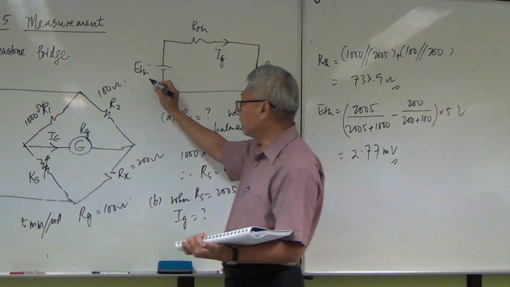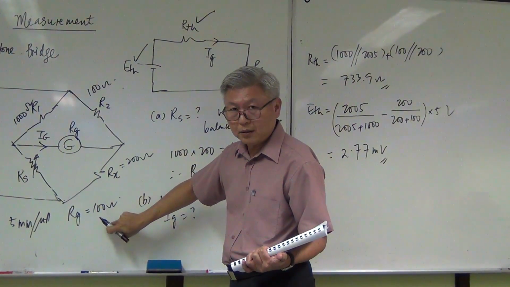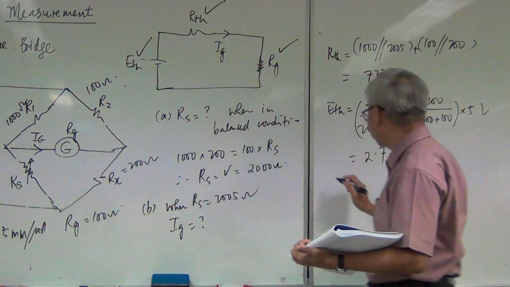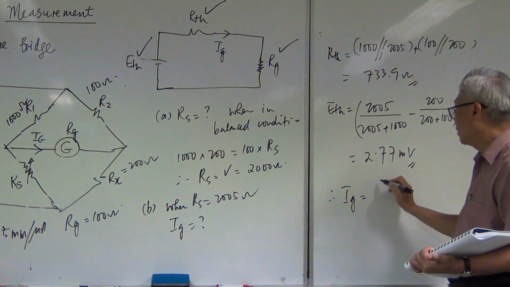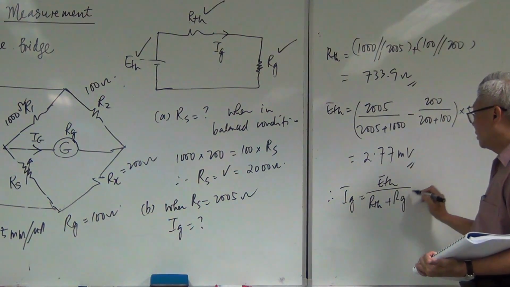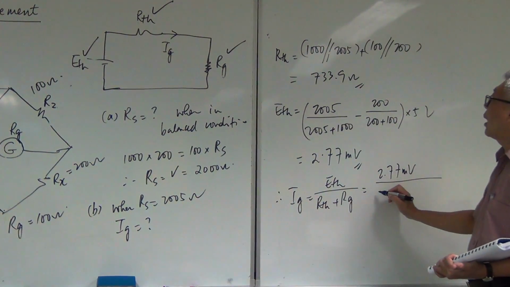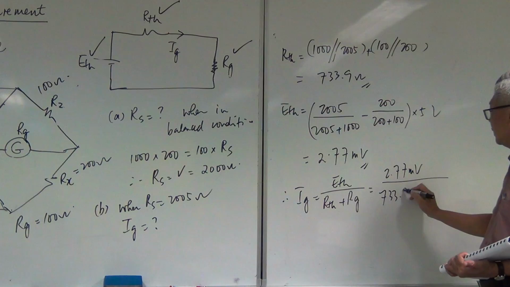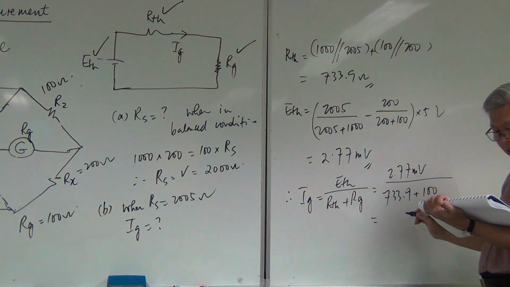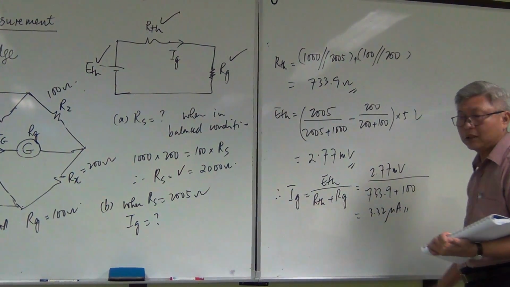So now I already know these values, and RG is given. Can I find IG? Of course. IG is equal to ETH divided by RTH plus RG. That gives 2.77 millivolt divided by my RTH 733.9 plus RG 100, so IG is equal to 3.32 microampere.